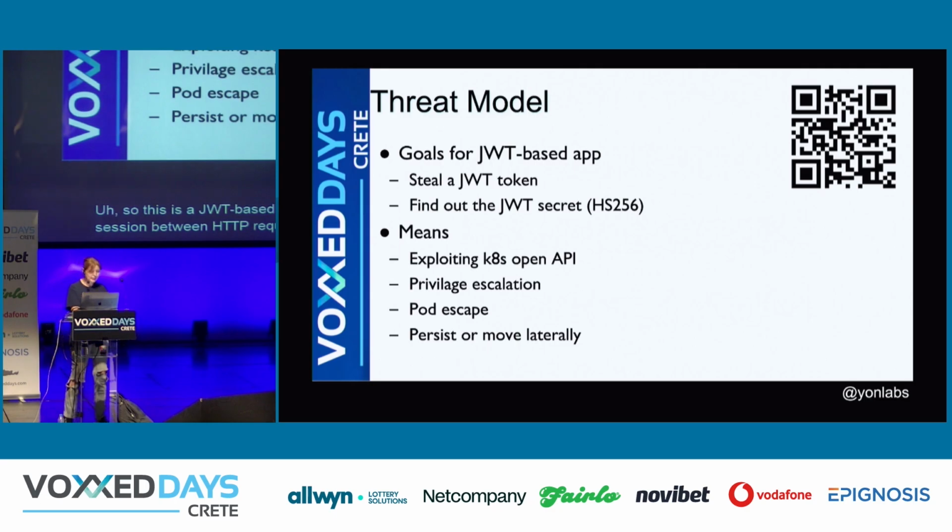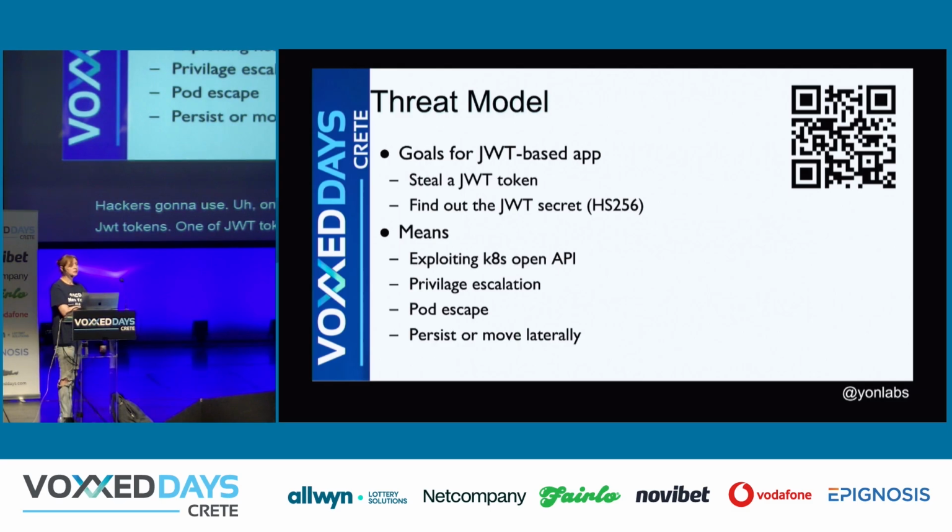In such a case, there are two main target vectors that hackers are going to use. One is to steal one of the JWT tokens generated by the web app.